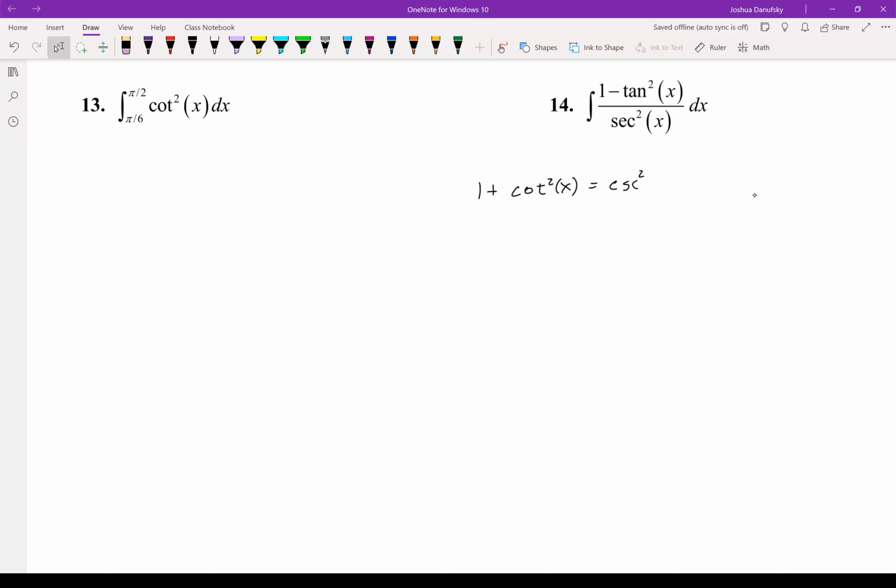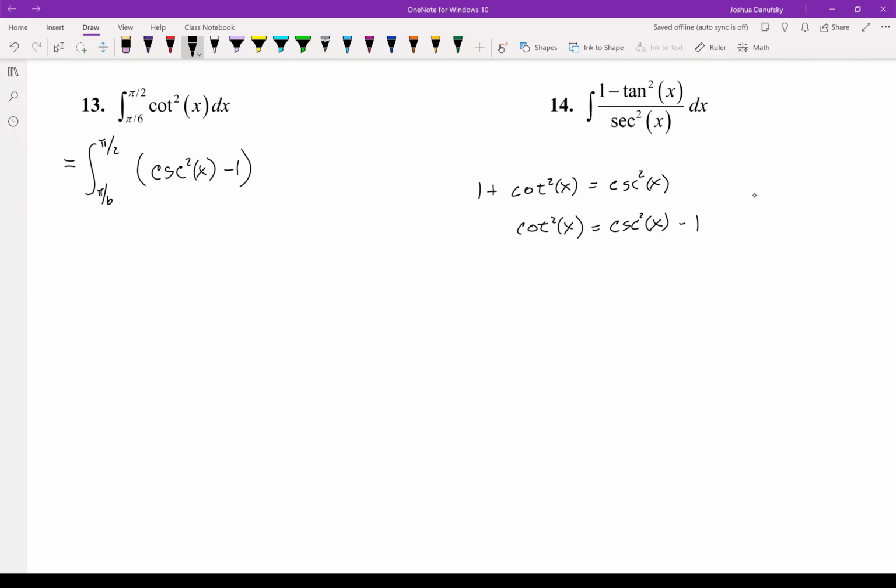So let's see what happens when we replace cotan squared x using our Pythagorean identity involving cotangent and cosecant. Well, cotan squared x is equal to cosecant squared x minus 1. So this integral becomes cosecant squared x minus 1.